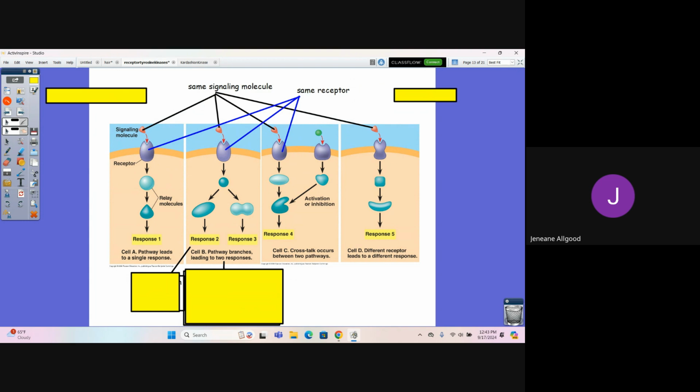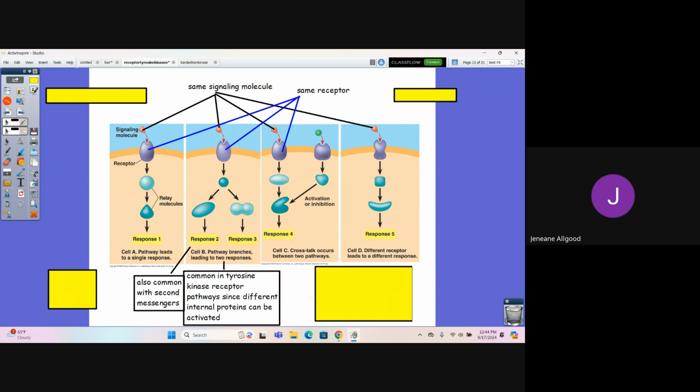It's because my relay proteins were different, okay? That's what that is trying to show you. And then we'll look at the right-hand side of the diagram in just a second. It says common in tyrosine kinase receptor pathways, since different internal proteins, meaning relay proteins, can be activated.